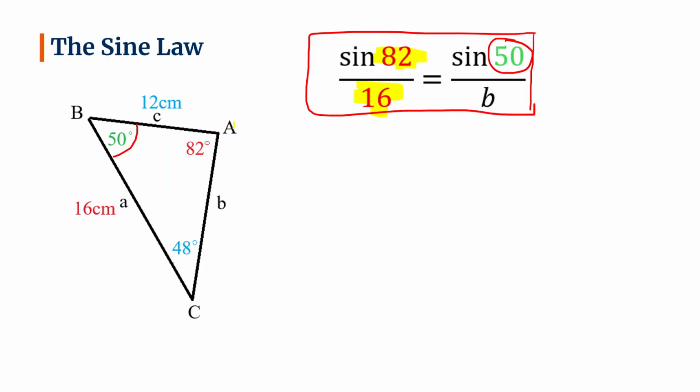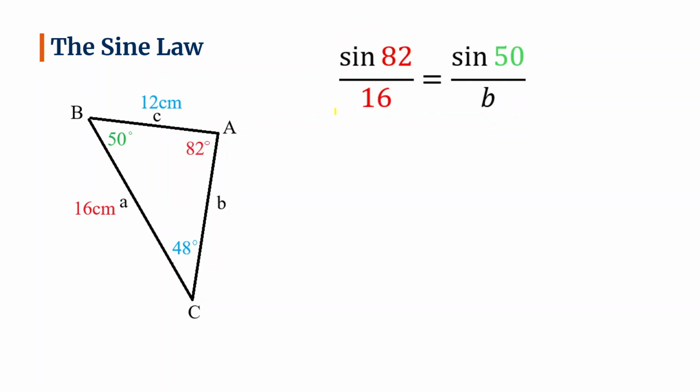So now what I have is an equation with two fractions equal to each other. And from our study of learning how to do the SohCahToa type trigonometry, we now know that if I have a fraction equal to a fraction, I can cross multiply. And that's what I'm going to do.